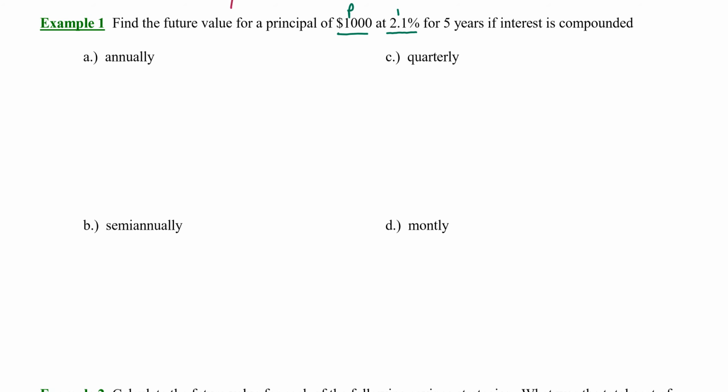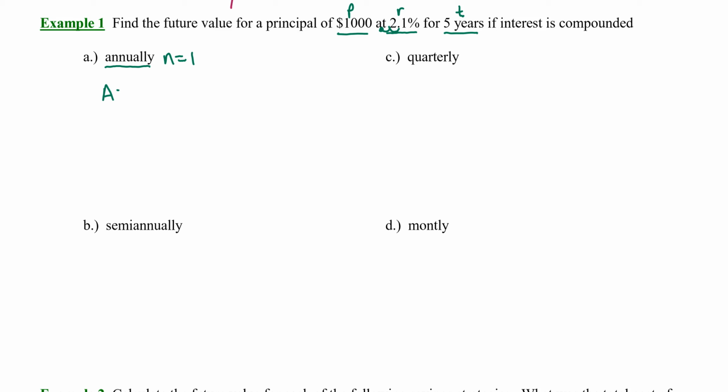The rate is 2.1%, and we're going to convert that to a decimal by moving the current decimal left 2 places. 5 years is the term of the loan, or the time of the loan, and that's given in years. And so these words here describe n, the number of times interest is compounded per year. If interest is compounded annually, that means n equals 1.